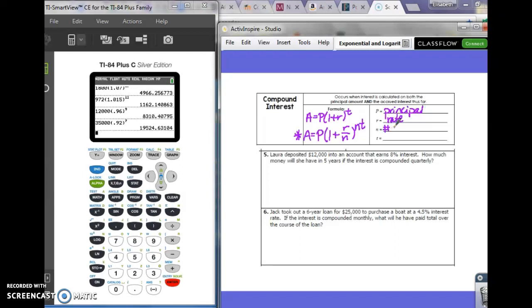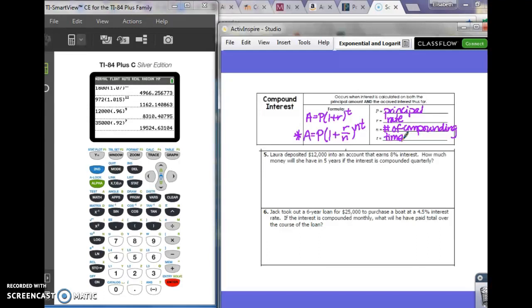N is the number of compoundings in a year typically. For example, if interest is compounded monthly, N would be 12 since there are 12 months in a year. If interest is compounded quarterly, then N would be 4 because interest is being compounded 4 times a year. T then is, again, time, typically in years.